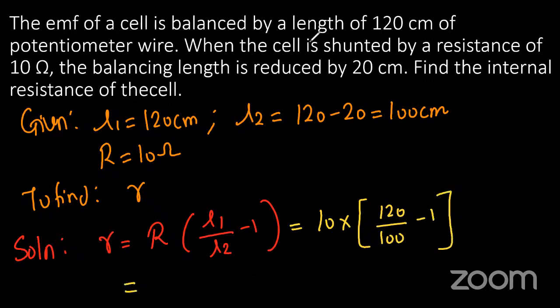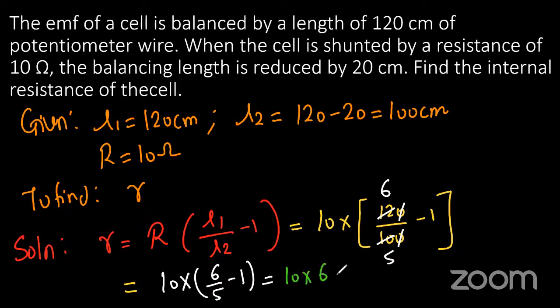So 120 divided by 100, you can use the table of 2. The zeros cancel at the smallest level. It will become 6 and 5. So 10 into 6 by 5 minus 1. Make the base the same. It will become 10 into 6 minus 5 over 5. So 10 into 1 by 5, and that is 2. So what is the value of r? It's 2. See, I solved it at your level, so there's nothing in it, it's simple.